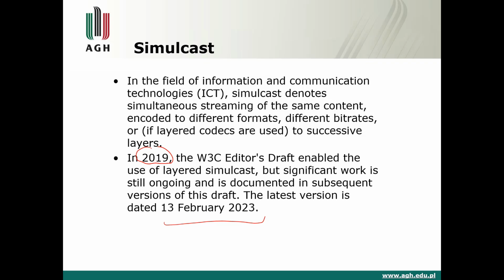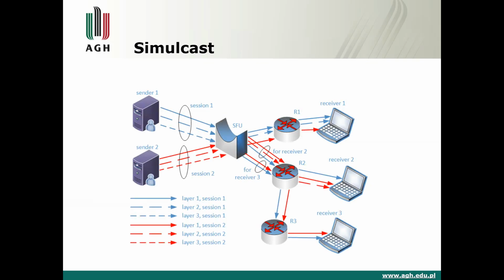When we use Simulcast, the stream is encoded in several streams or layers and goes to the selective forwarding unit. And we have a system like this. One sender sends 3 different streams. These streams are transmitted within one session. In our example, these are layers, a base layer and additional layers.